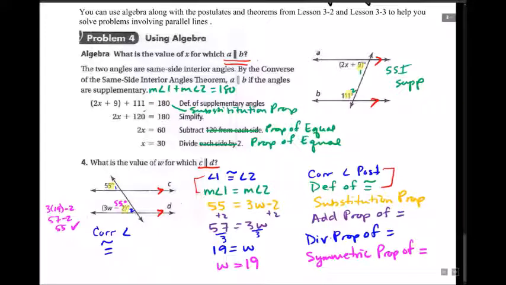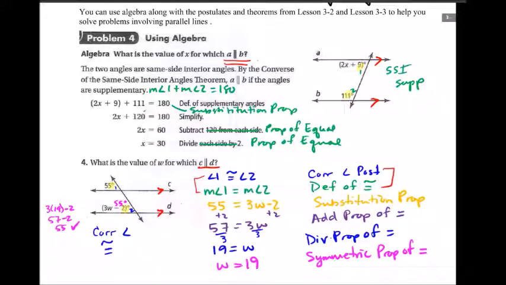And then I substituted in my numbers, added 2 to both sides, addition property of equality, divided by 3 on both sides, division property of equality, and then I had 19 equals W, and the symmetric property of equality lets me say W equals 19, lets me switch sides. So I was asked to find W, and W equals 19, and I went over here and I checked it, and I substituted in 19 for W, and by golly, I got 55. So my corresponding angles are congruent.